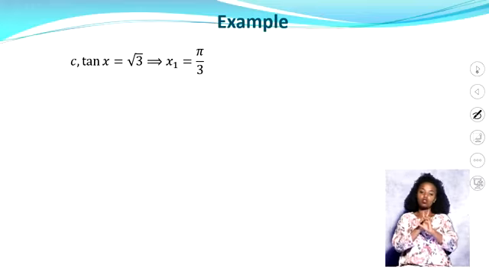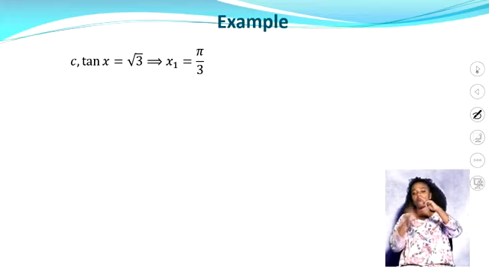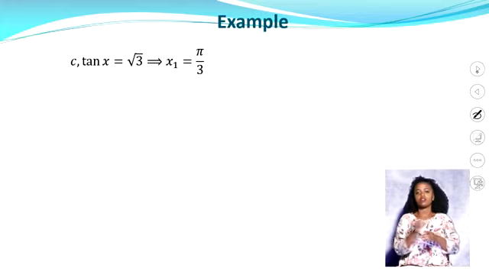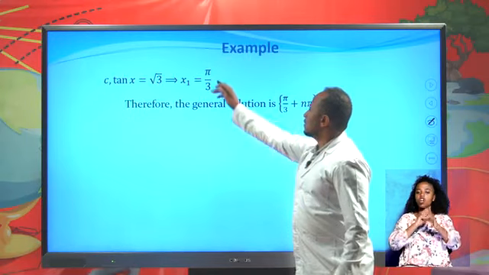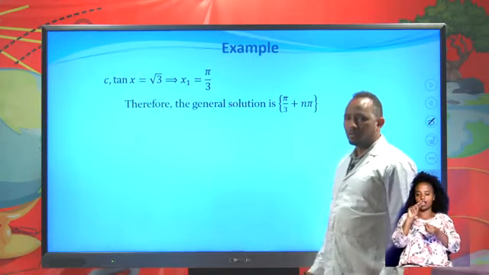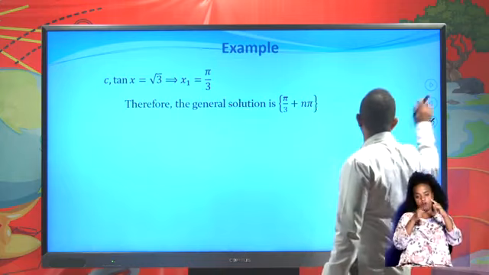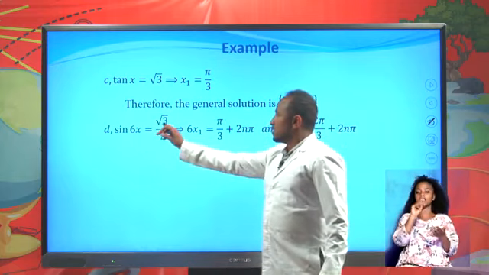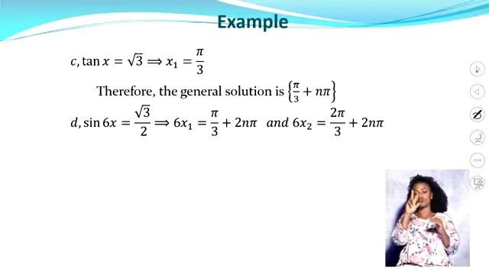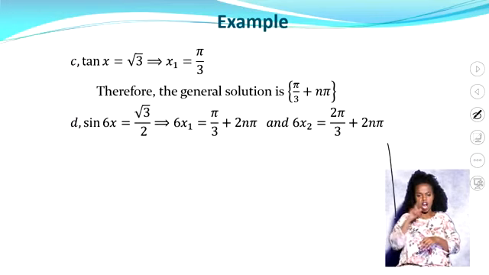If you have one particular solution from negative pi over 2 to pi over 2, the general solution will be that particular solution plus n pi, since tan has period pi. Therefore, here the general solution for this will be pi over 3 plus n pi. Now, let's see this one. Sine 6x equal to root 3 over 2. For this sine function, I need to find particular solution.